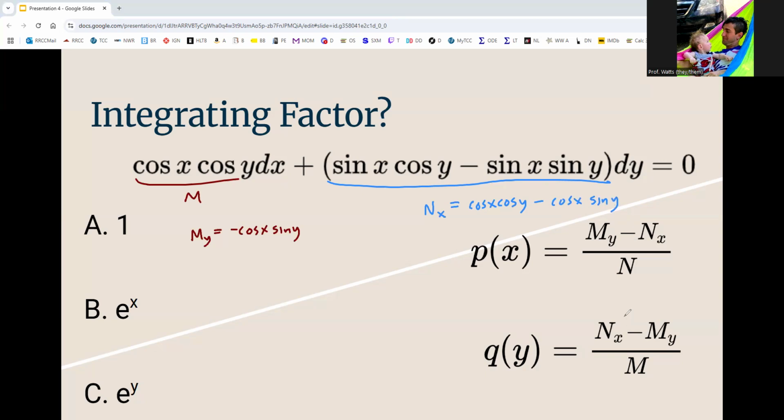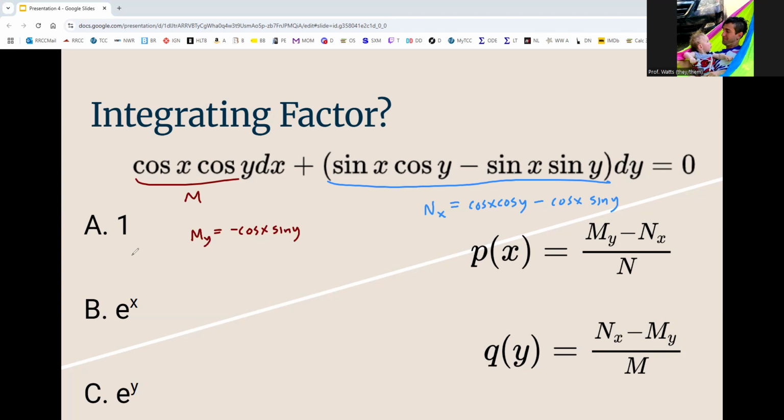Again, when we set up p and q, the top is just a matter of which way we subtract. What often will determine whether p or q is in use is what we're dividing by. Since we're trying to have this go to just a function of one variable, we often want to divide by the simpler of the two functions, which in this case is m.